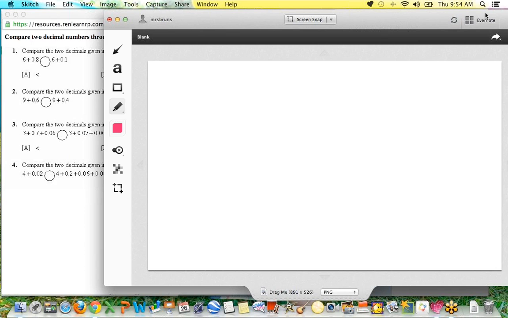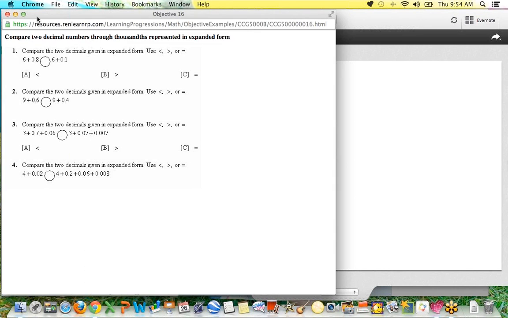Okay, give me a second to move my control panel out of the way. And here we go. Just kidding.